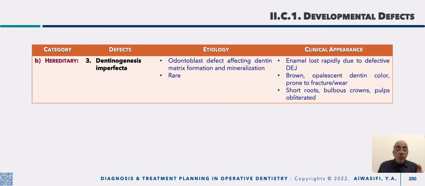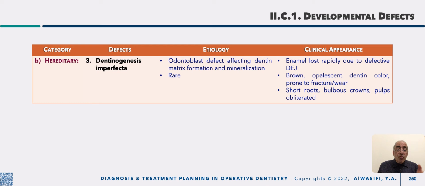Then comes dentinogenesis imperfecta. Dentinogenesis imperfecta is an odontoblast defect affecting dentine matrix formation and mineralization. It's a very rare condition, but it is characterized by enamel loss. Why is enamel lost? Because enamel is very hard and it is laid on a very soft dentine, that's why it is peeled off.